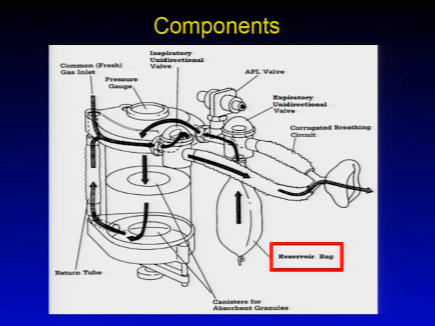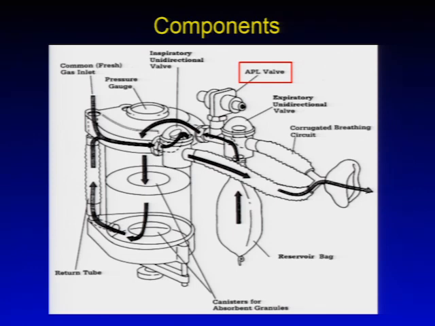Then the gas is inflated into the reservoir bag, and when you squeeze the reservoir bag, the gas is transferred into the canister for CO2 absorbent, and then returns through the return tube, merging into the additional fresh gas inlet. This is the direction of the flow from the breathing machine.